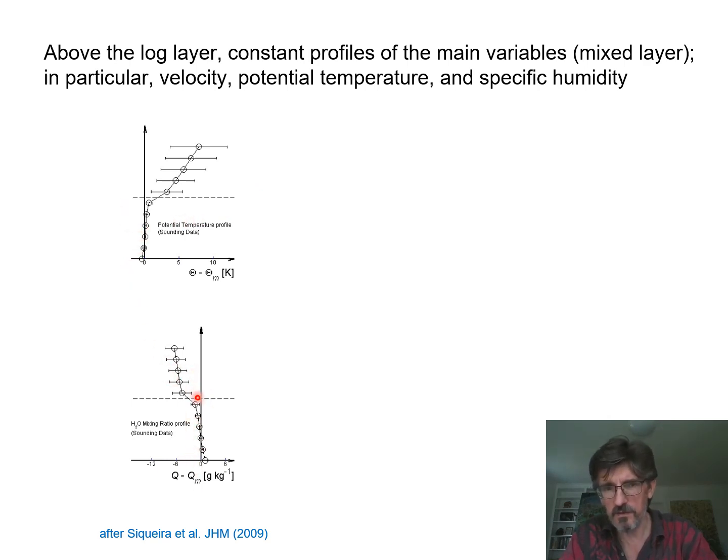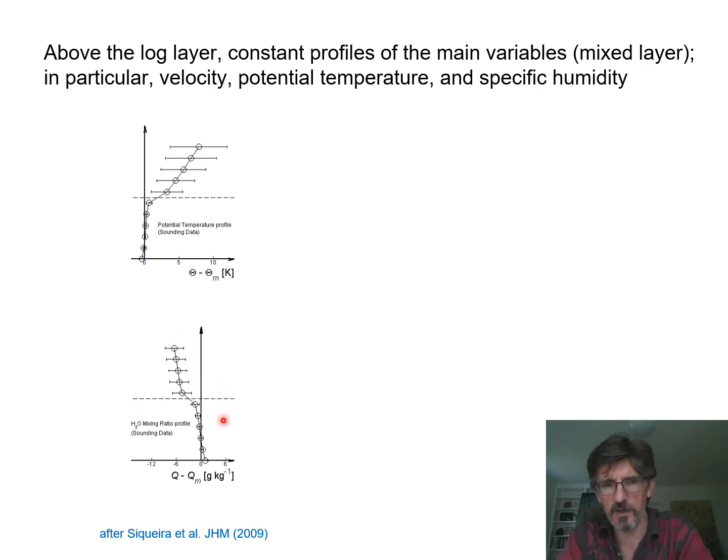And then there is a sharp change. This is the capping inversion, and then almost a linear increase in potential temperature, and a decrease typically in specific humidity. The free atmosphere is usually warmer in terms of potential temperature, not of real temperature, because there is a combination, we will see, of pressure and temperature, and drier in terms of specific humidity.